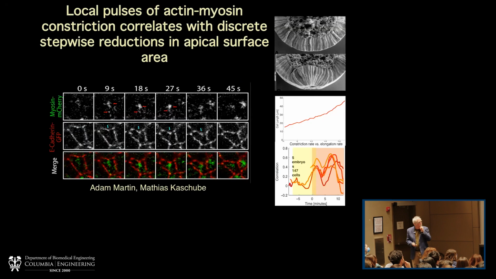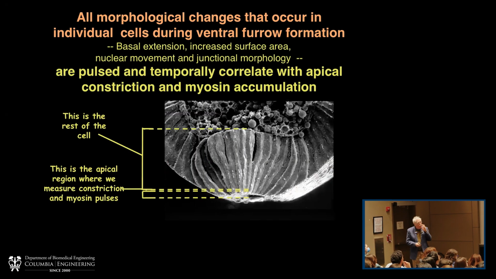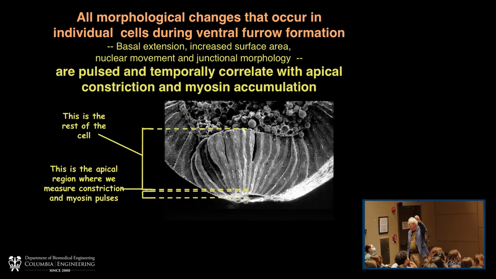Now, what's actually more interesting is that when you go back and look at any feature that's involved, any morphological change, be it elongation, or increase in surface area, or position of the nucleus, all of these processes in detailed analyses are also stepwise in their nature, and they show the same periodicity and the same correlation with the myosin accumulation in individual cells.